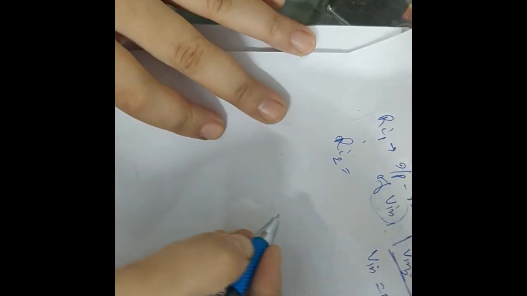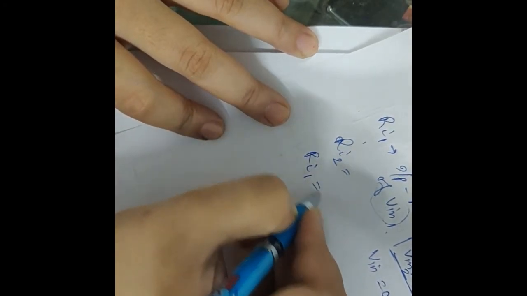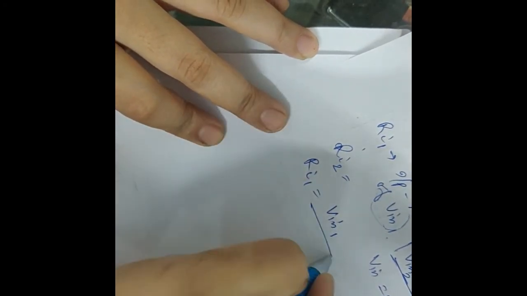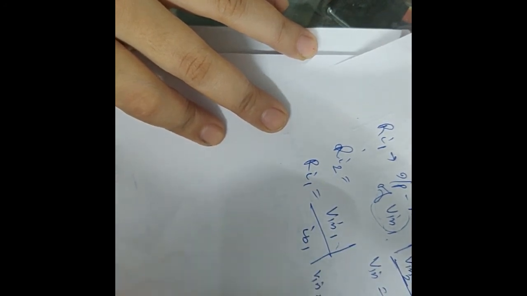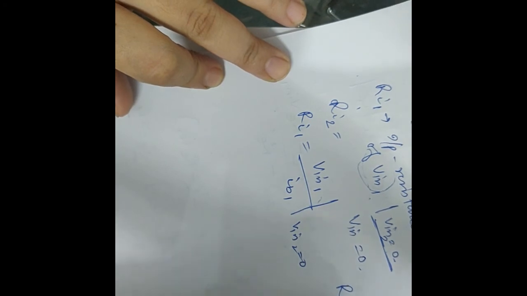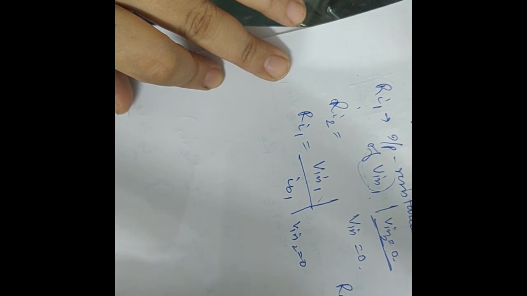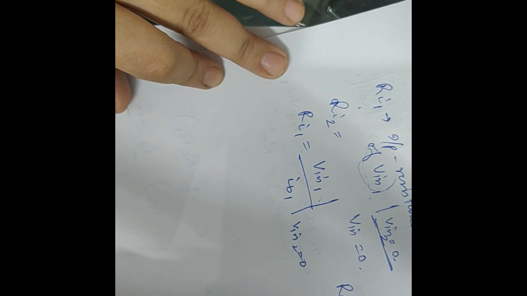So RI1 is Vin1 upon IB1 where Vin2 is set at 0, and RI2 is Vin2 upon IB2 when Vin1 is set at 0.